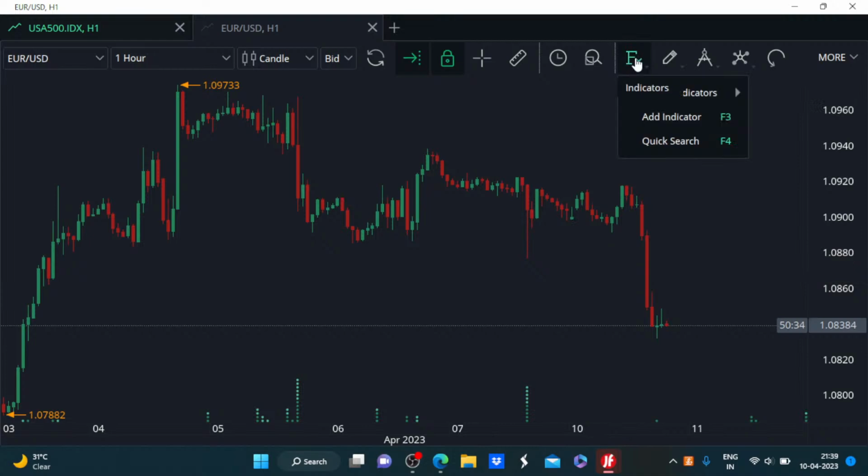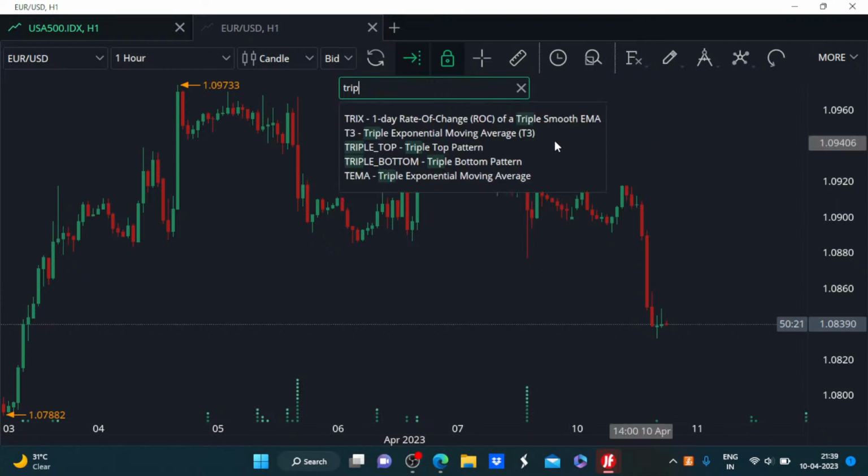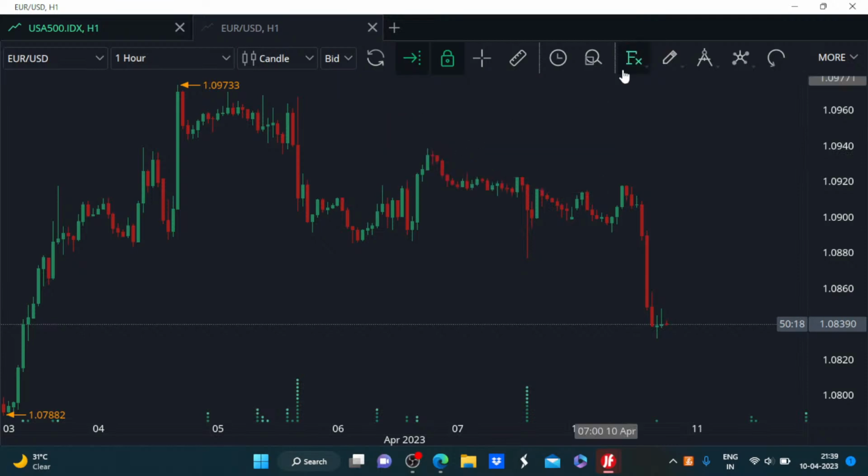For adding this formation, you can do a quick search. If you simply type in triple, here comes the triple top pattern. Else you can even use the add indicator option, from where you go to the list, and there you will find it listed amongst the pattern recognition indicators as triple top pattern.